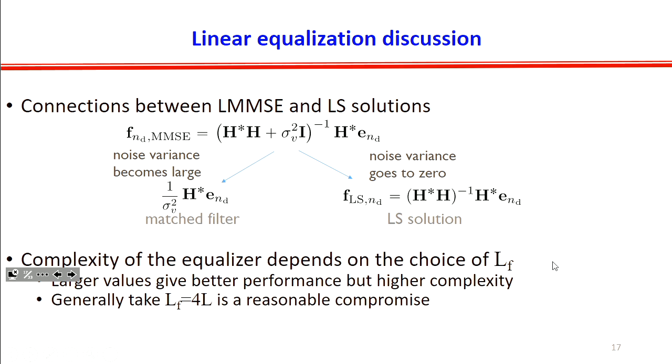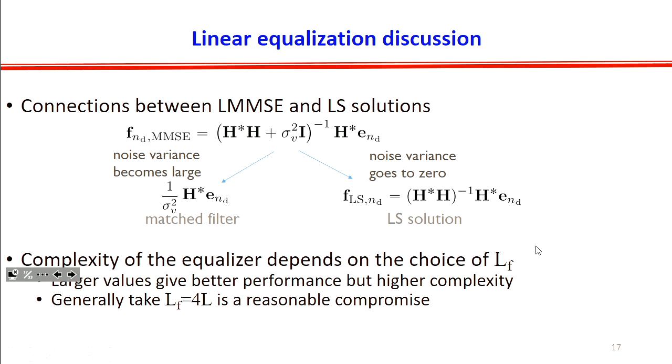Okay, so it is intuitive to say that the complexity of the equalizer depends on the choice of LF, for sure. So for any filtering operation, as you increase the length of the filter, you have to do more operations, multiplications, and additions, because it's a convolution. So the complexity will depend on LF. Larger values give better performance, but higher complexity.